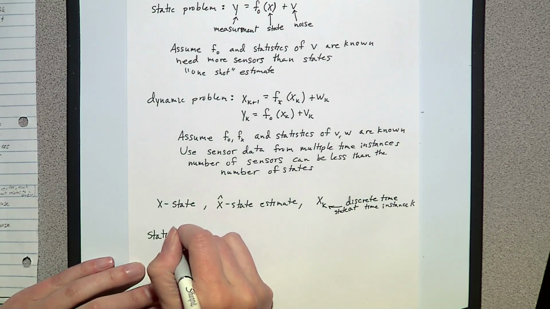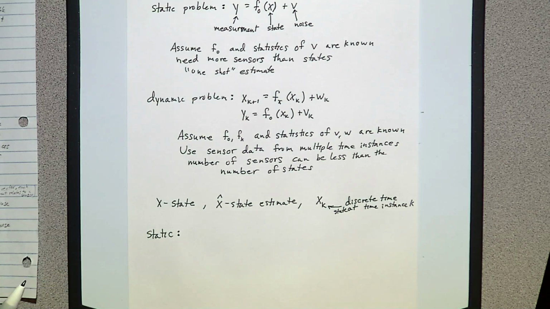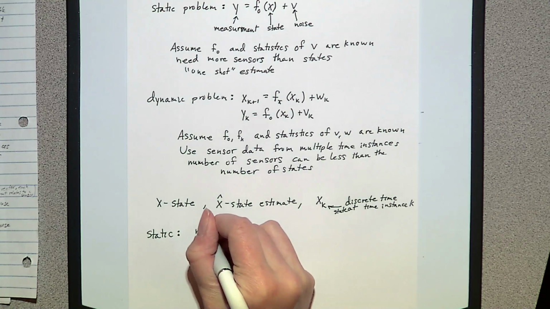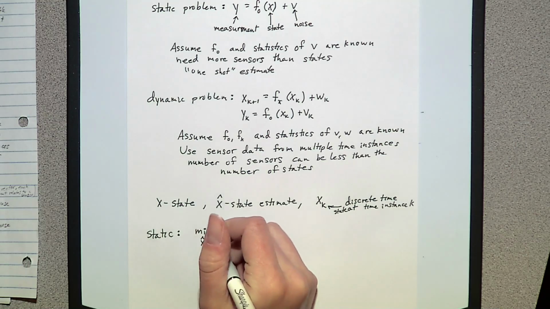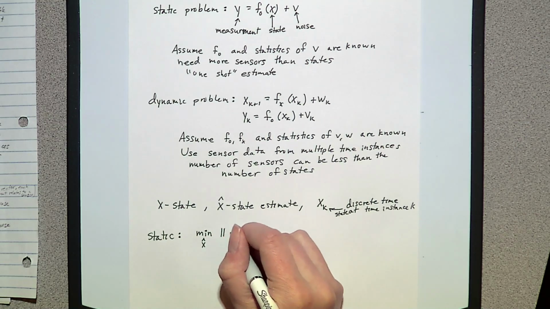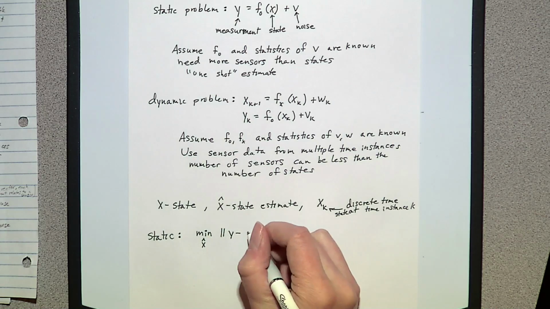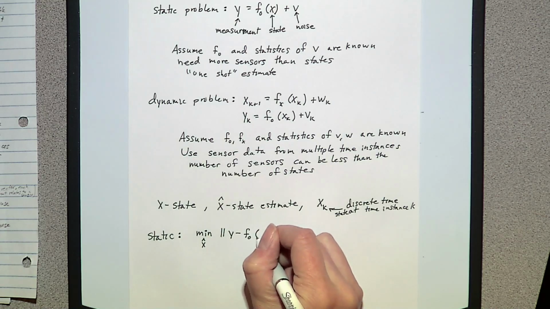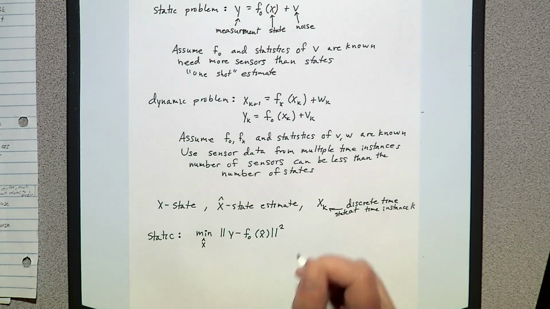So for the static case, if we want to figure out our estimate of our state, basically what we're trying to do is solve this minimization problem, where we're trying to find the estimate which minimizes the error between our measurement and what would be expected based on the state. Right?